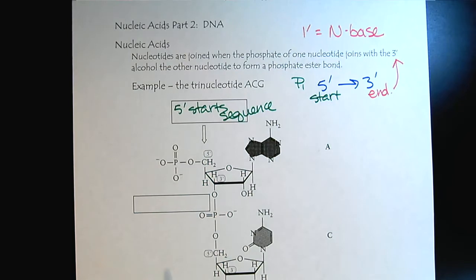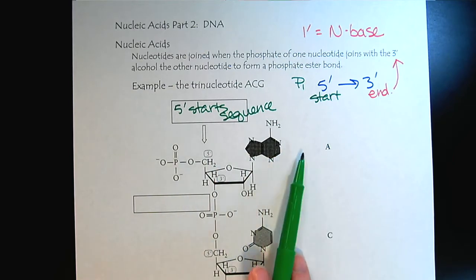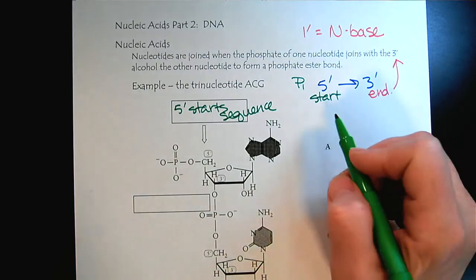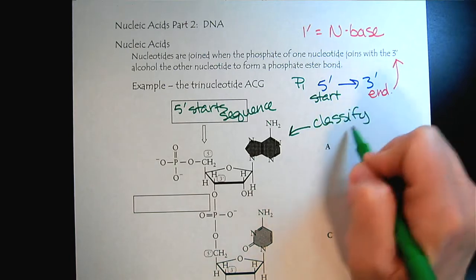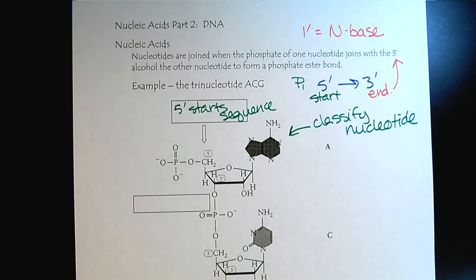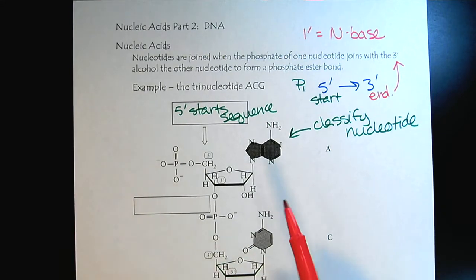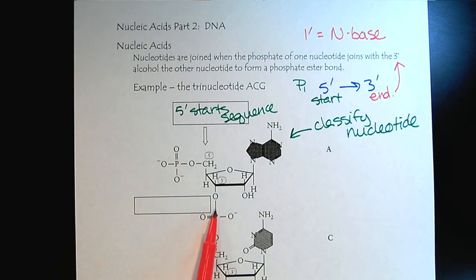Now, every nucleotide has a phosphate and a 5 carbon sugar. So we see that the nucleotides are classified by the nitrogenous base. Okay, so here we would have the first nucleotide, the phosphate group, and the sugar and the nitrogenous base, and then here is the linkage, right?